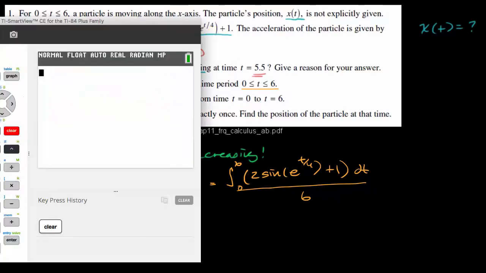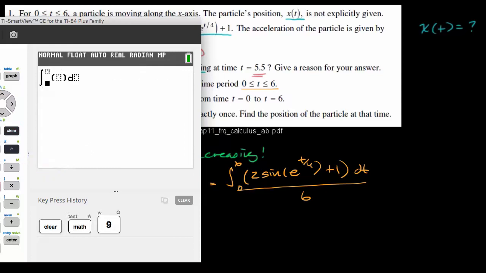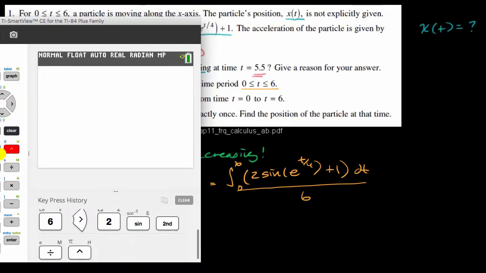So on our calculator, we would hit math, and then we would want to do number 9, which is definite integral. So we'll hit 9, and we are going to go from 0 to 6 of 2 sine of e to the, so let me do second e to the, and I'll just use the variable x instead of t because it's easier to type in, x divided by 4 power.